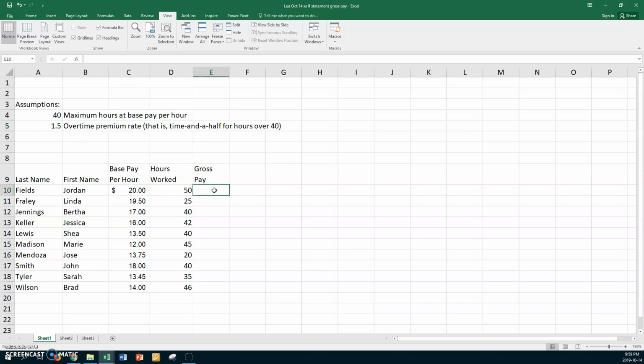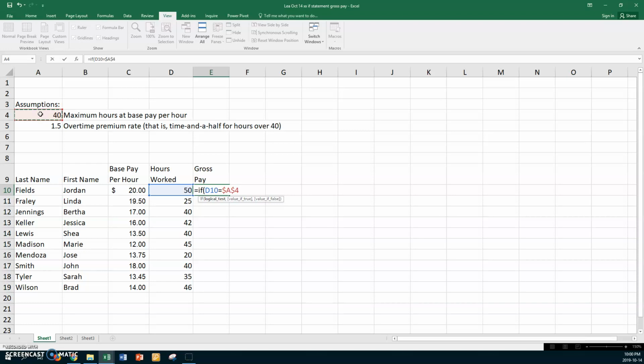So if we were doing your gross pay, we would say equals IF, open your parentheses, and we want to say that if your hours worked, D10, instead of saying 40, click in here and say A4 absolute.